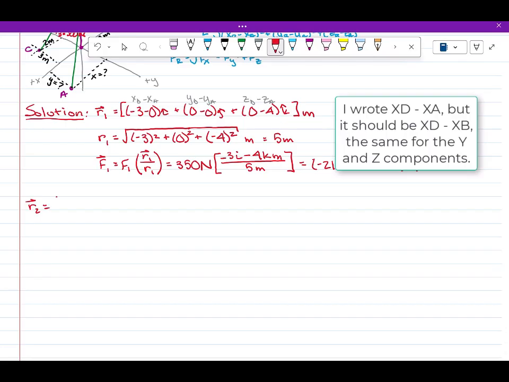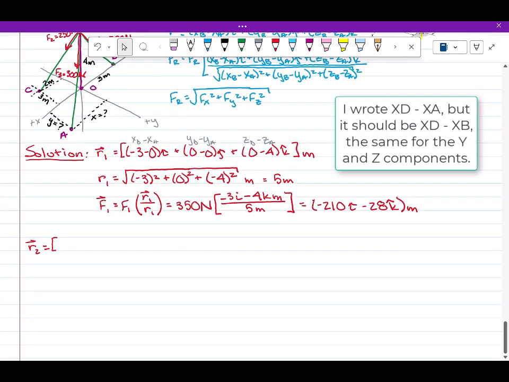We're going to do the same thing for our second force, F2. We first need to find the position vector R2, and that is in the i direction xc minus xb, plus in the j direction yc minus yb, plus in the z direction zc minus zb.